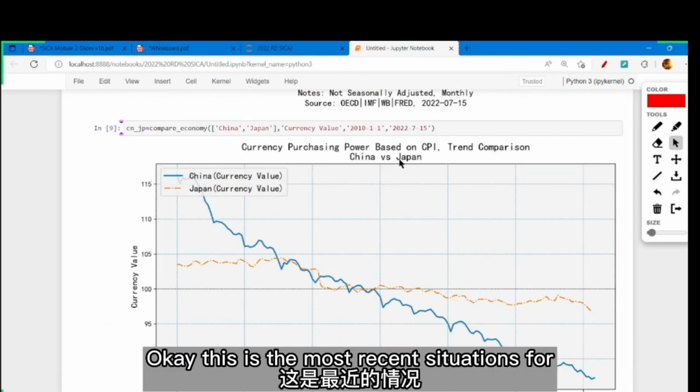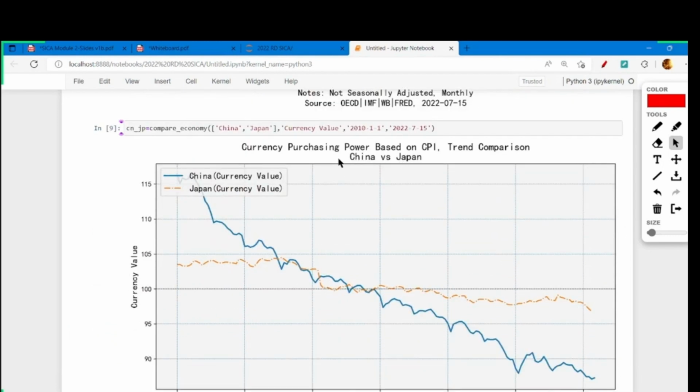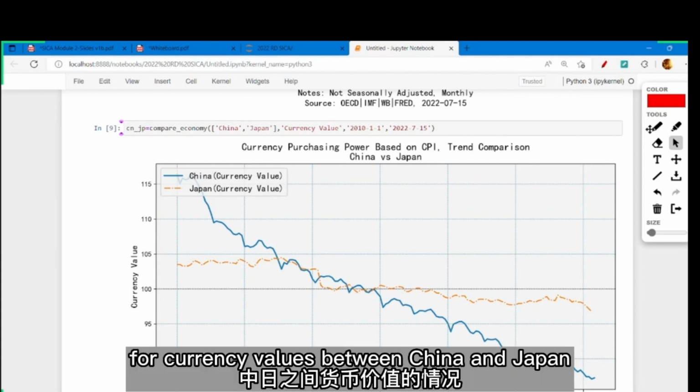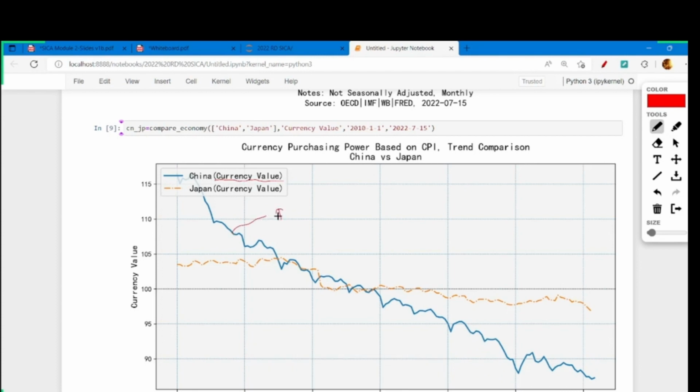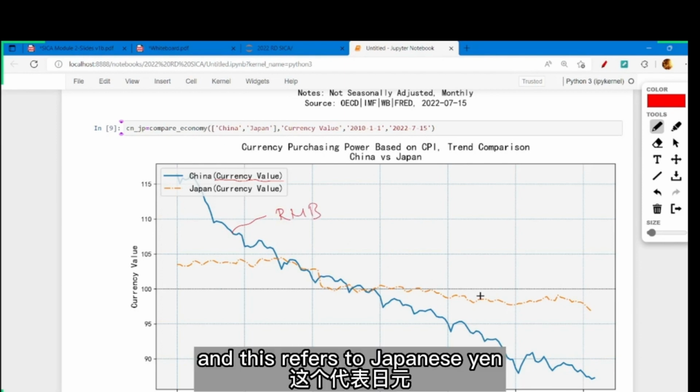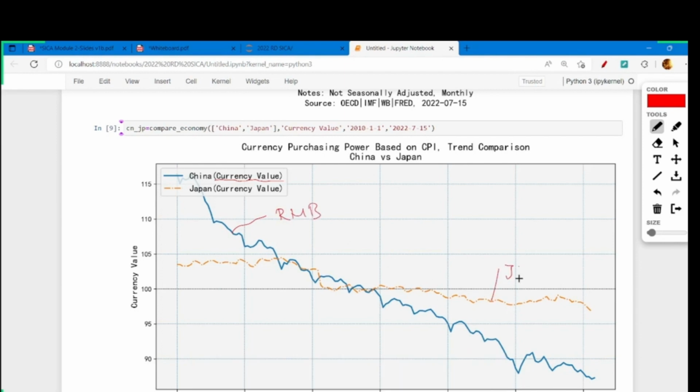This is the most recent situation for currency values between China and Japan. The blue solid line refers to China RMB, and this refers to Japanese yen.